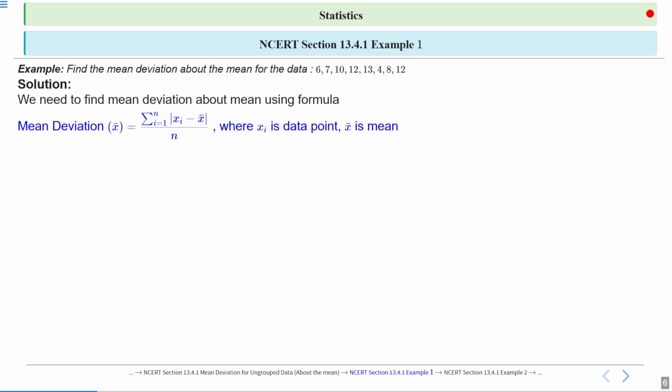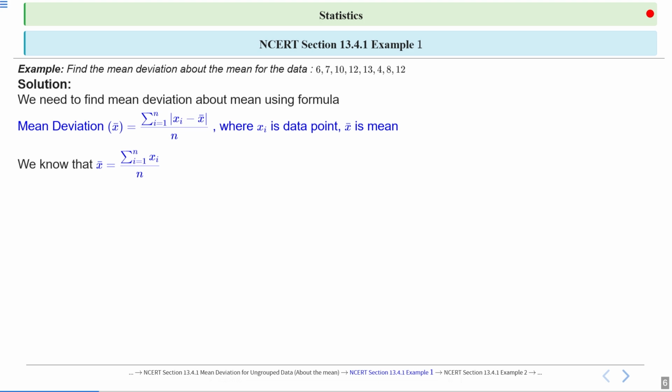So let's see now the formula. The formula for mean deviation about the mean is mean deviation about x bar equal to summation i equal to 1 to n modulus of xi minus x bar upon n, where xi is a data point and x bar is the mean.